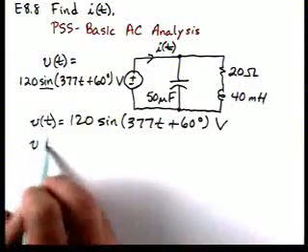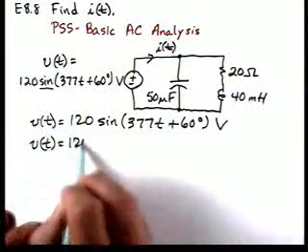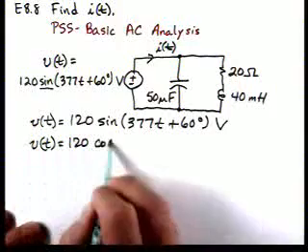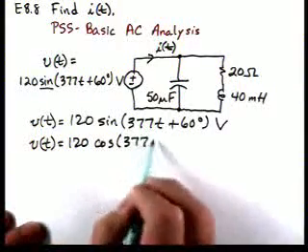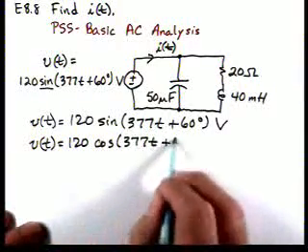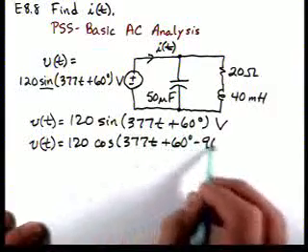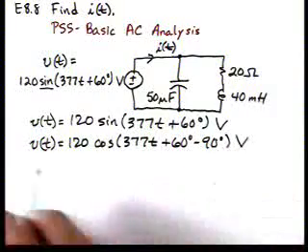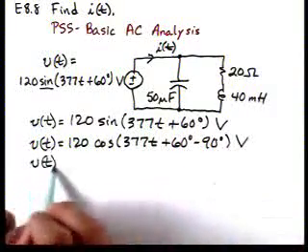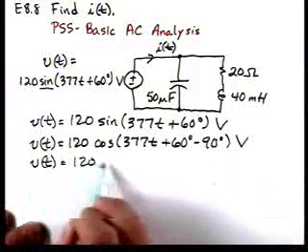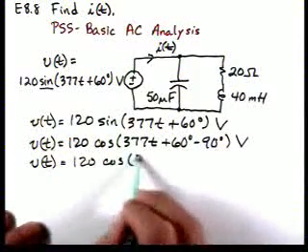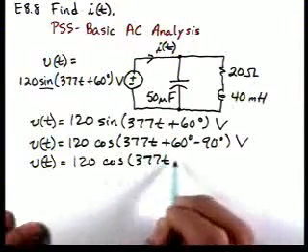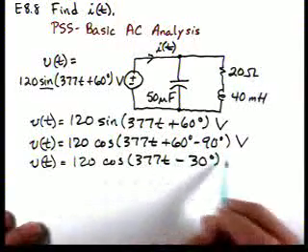And now we convert it to a cosine using the trig identities given in the text. We'll subtract 90 degrees, and that'll give us V of t is 120 cosine 377t minus 30 degrees.